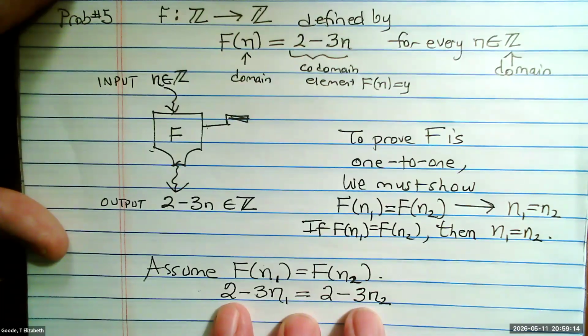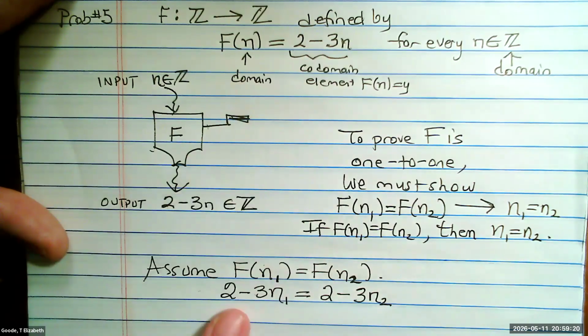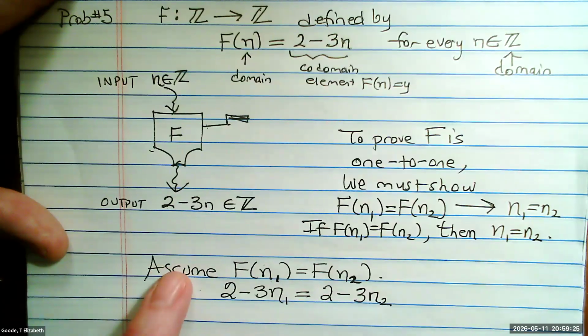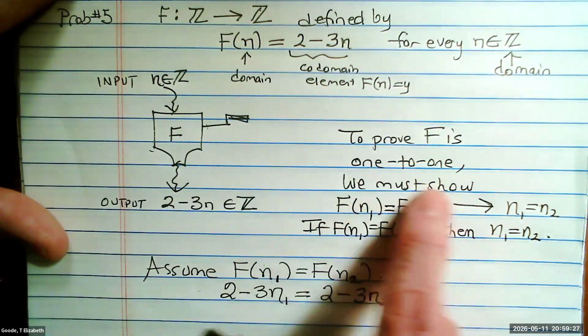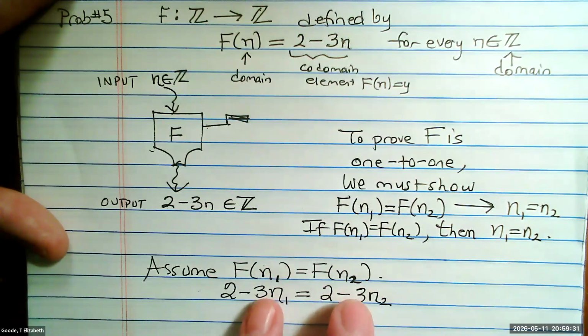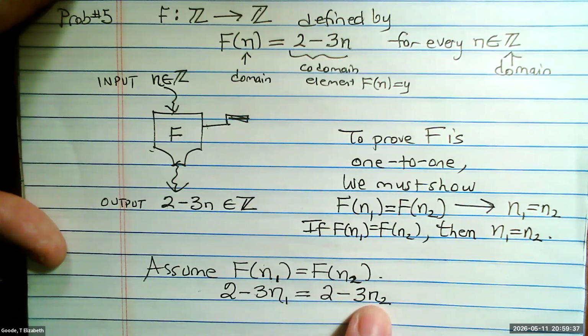Does that make sense? We're just using the definition of f of n here and here. We started with assuming that f of n1 equals f of n2. So the definition of f tells us 2 minus 3 n1 has to equal 2 minus 3 n2. I mean, that's what f is.